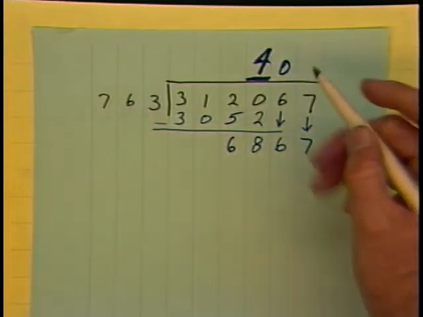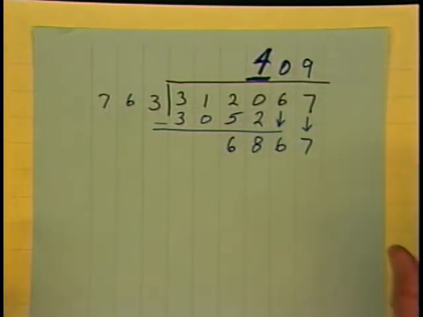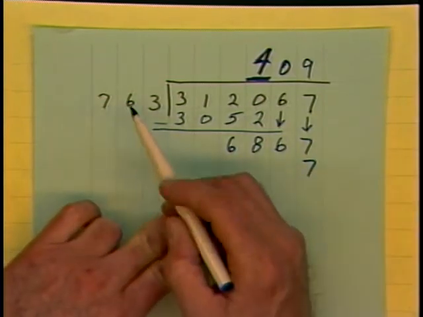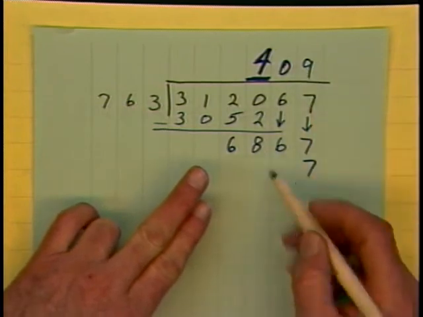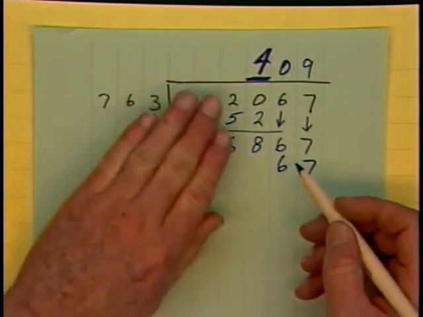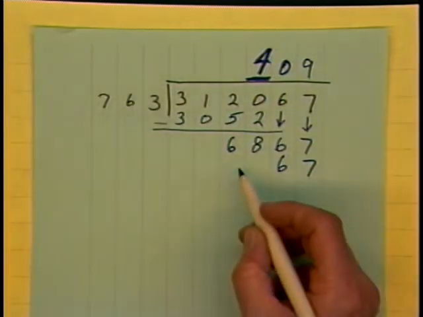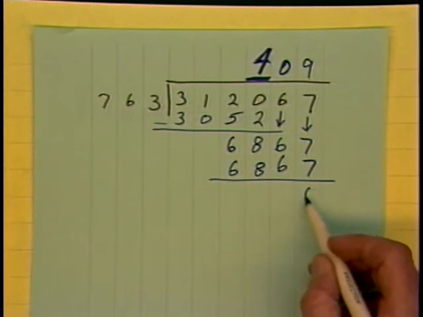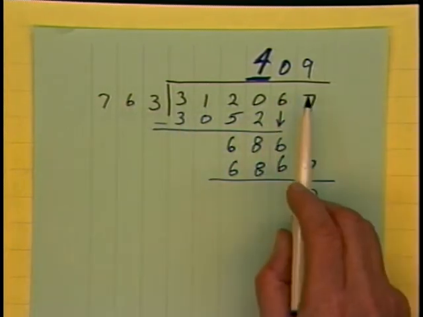But we will try the 9. 3 9s is 27, carry the 2. 6 9s is 54, 55, 56, carry the 5. 7 9s is 63, and 5 is 68. Subtract, and we get 0 remainder, which tells me that this went into here evenly.